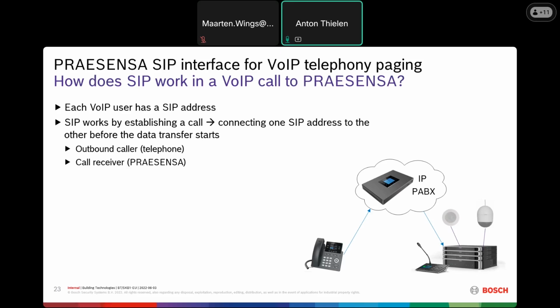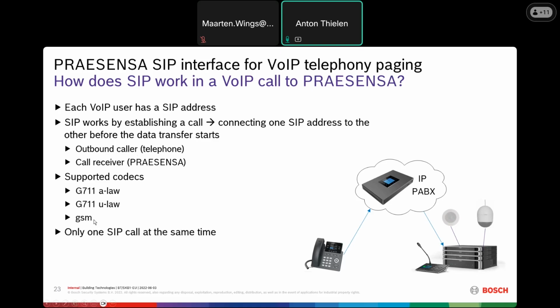Each VoIP user has a SIP address, and SIP works by establishing the calls, connecting the SIP address to the other before the data transfer starts, and the caller is then a telephone. That's like a microphone, and you have the call receiver, which is PRAESENSA in that case. We have some codecs currently supported. We will have more soon. Only one SIP call at the same time.